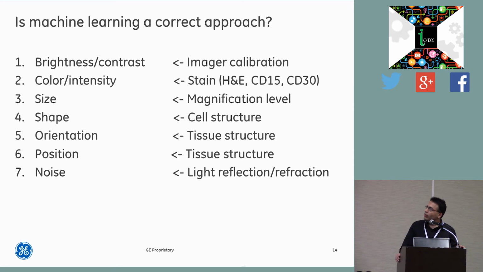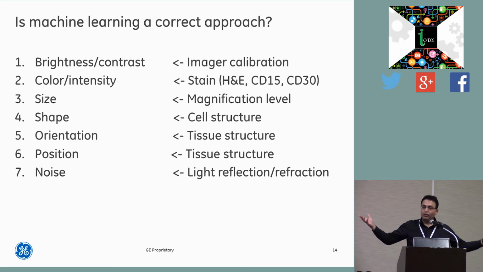Right? So if we just look at the traditional image processing methods, if we had to do any kind of feature detection, what are the typical features in this case, and what do they get affected by? So I have listed some of the main ones. Brightness or contrast, no-brainer. It depends on the image calibration.